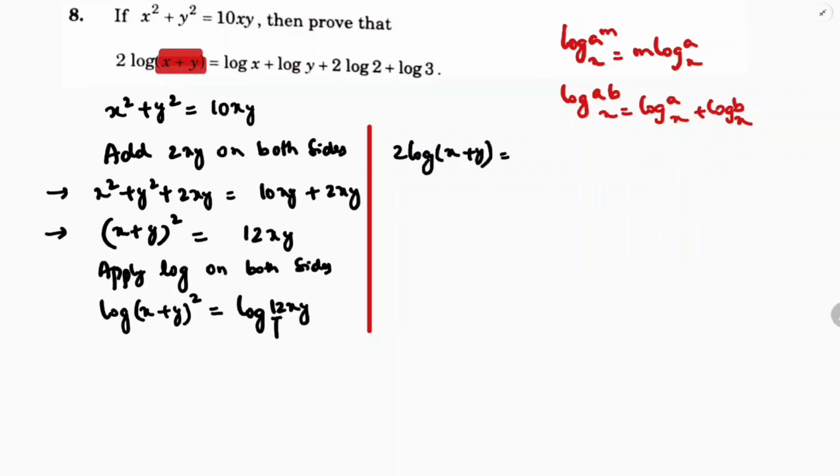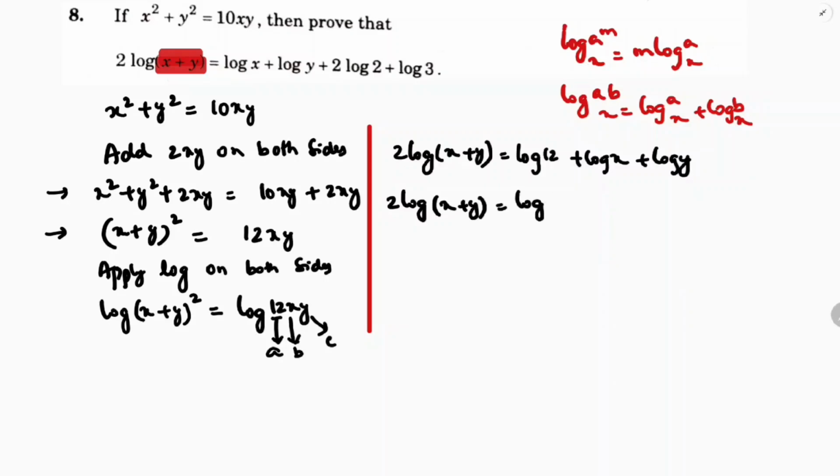Here I'll consider 12 as a, x as b, y as c, so a product of 3 terms. So it will become log 12 plus log x plus log y. Now log 12, if you do prime factorization, 2 times 6, 2 times 3, so it is 2 square into 3, plus log x plus log y.